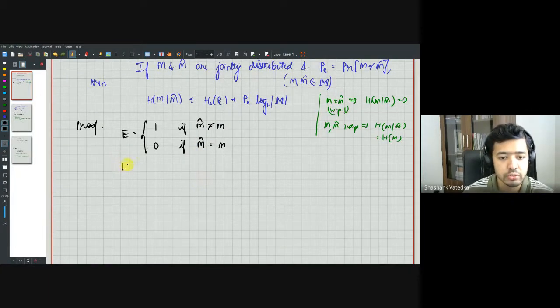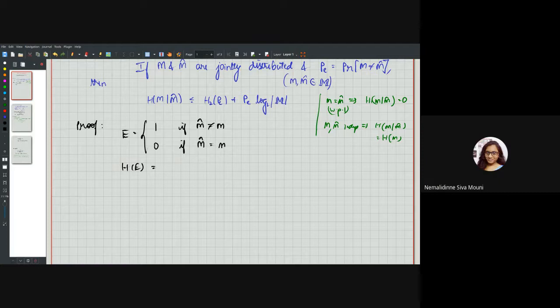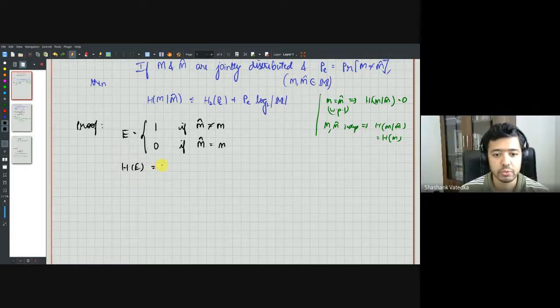So what is h of E equal to, in terms of PE? H2 of PE, exactly. E equal to 1 when there is an error, so E is basically a binary random variable.